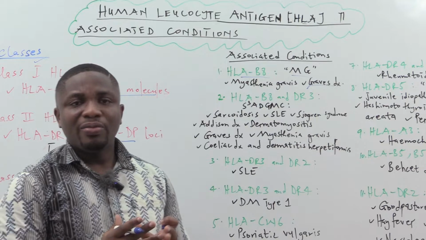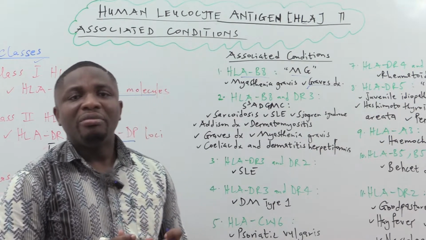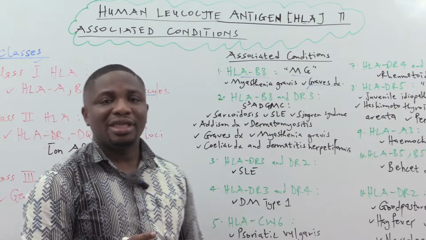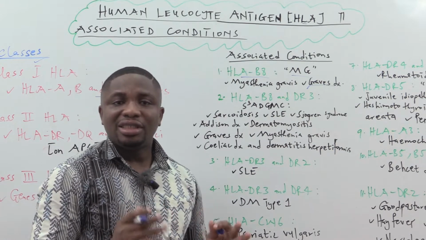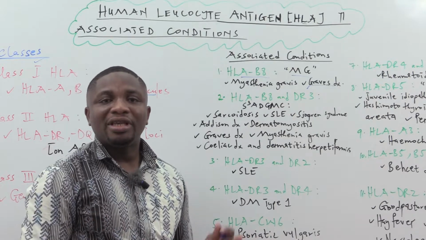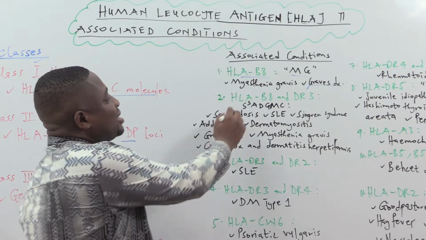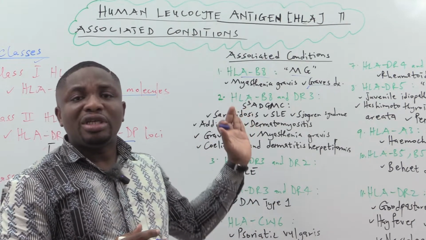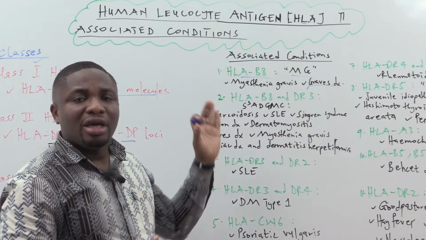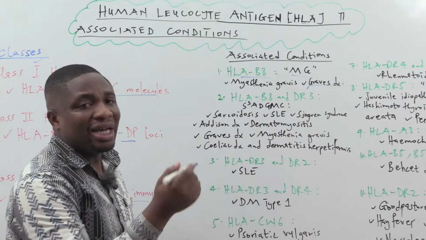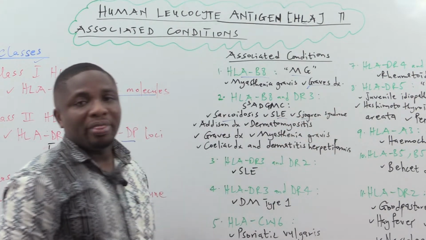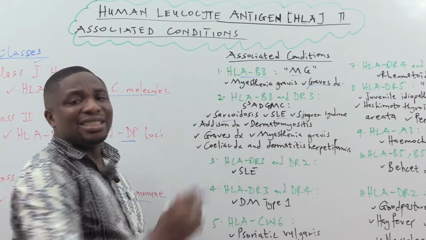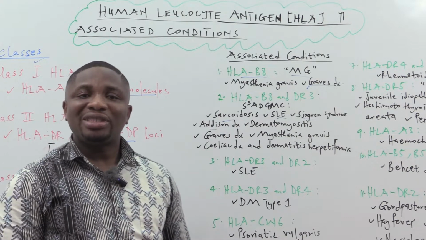Remember SAD GMC, SAD General Medical Council, or SAD GMC, the car brand GMC. With the SAD GMC, we are referring to the X to the power 3, the cubic power of X. So with that, we have sarcoidosis, SLE, Sjogren syndrome. Then the A, Addison disease, the D, dermatomyositis.